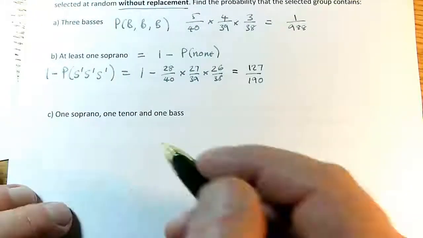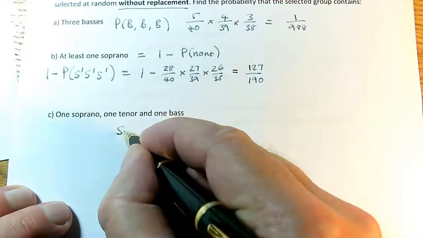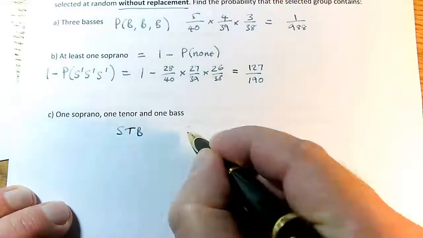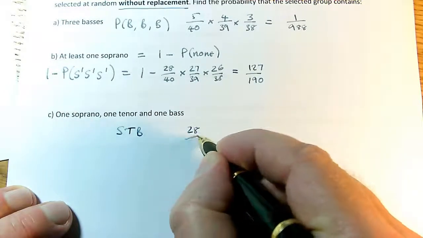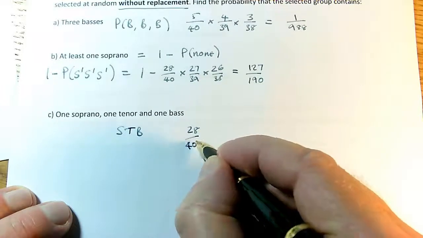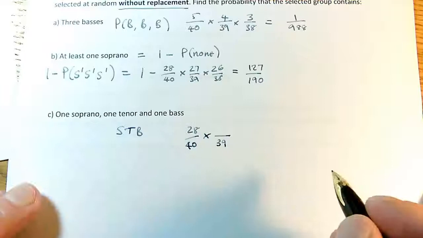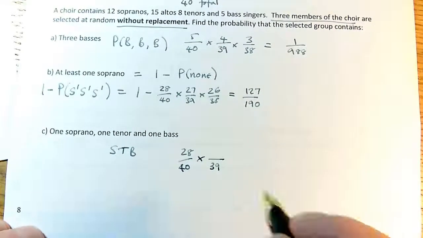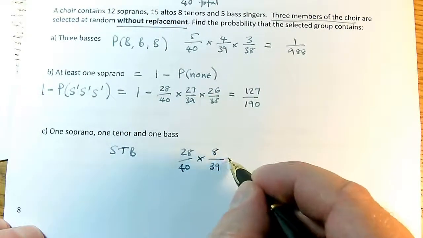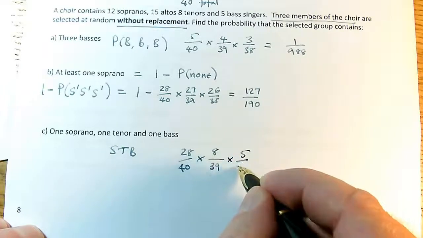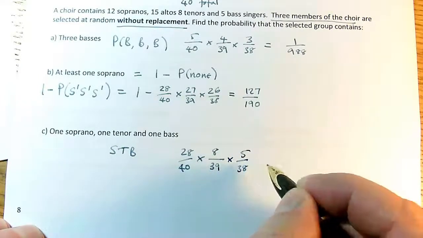Okay, the next one, this could happen in different orders. It could be soprano, then tenor, then bass, and that will be, for the soprano, 28 over 40. And then I'm going to have 39 choir members left, but all along there have been 8 tenors, so it's 8 over 39, and 5 basses, but now that's out of 38, so that's one way it could happen.